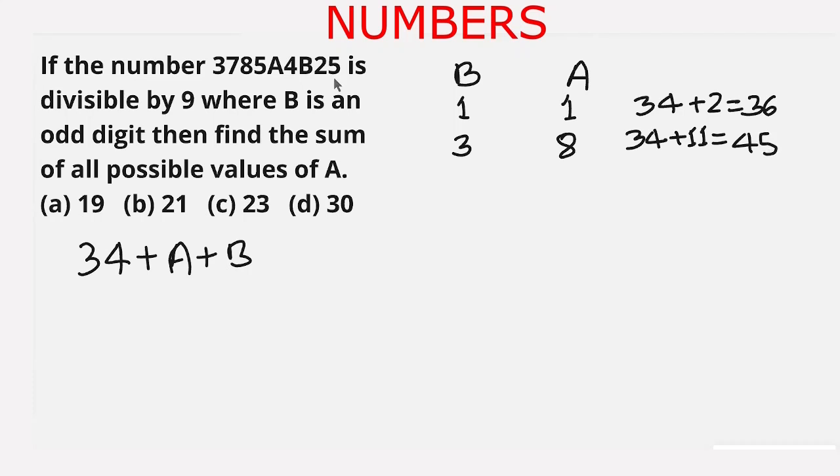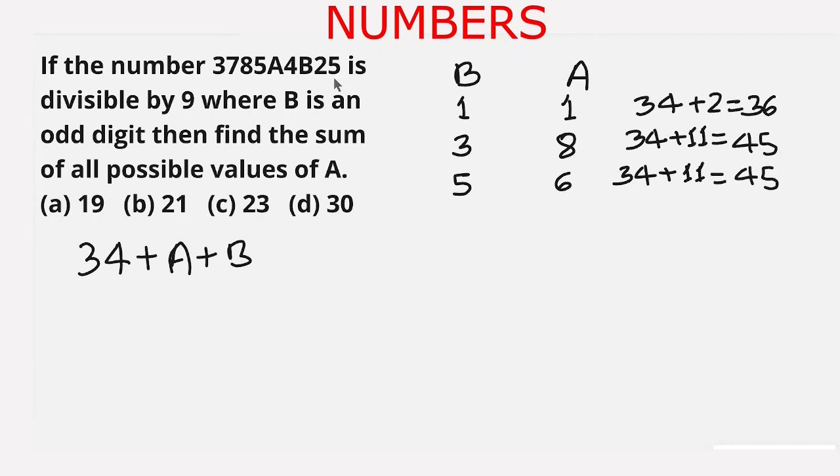Now the other value which B can have is 5, and when B is 5, then A can be 6, so that the sum is again 11 and the 34 plus 11 becomes 45, which is divisible by 9.